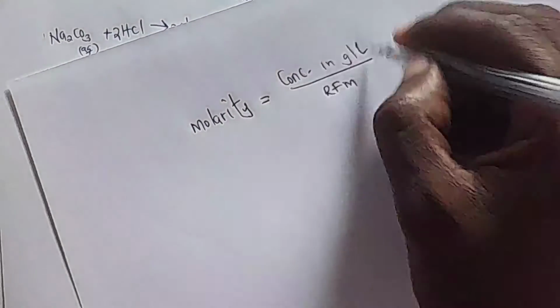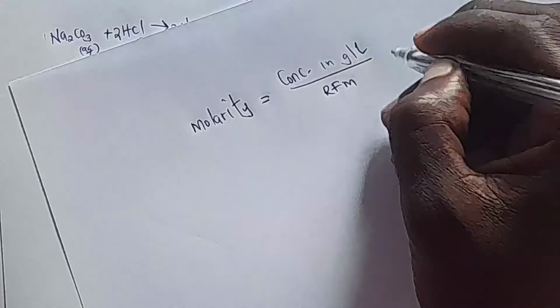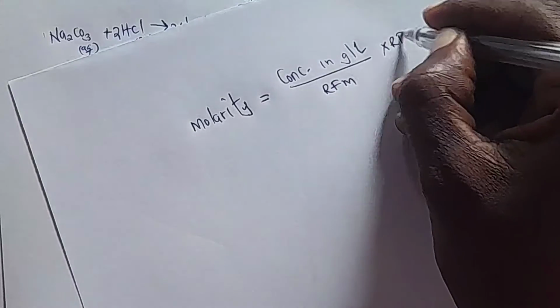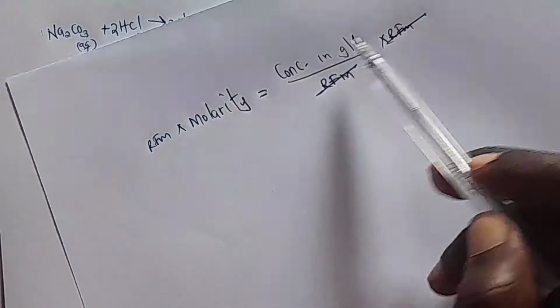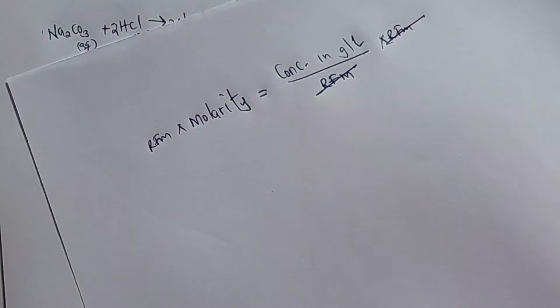So if you are told to calculate the concentration, it will be equal to molarity times RFM, because we multiply both sides by RFM, so RFM cancels with RFM. That means concentration in gram per liter is equal to molarity times RFM.